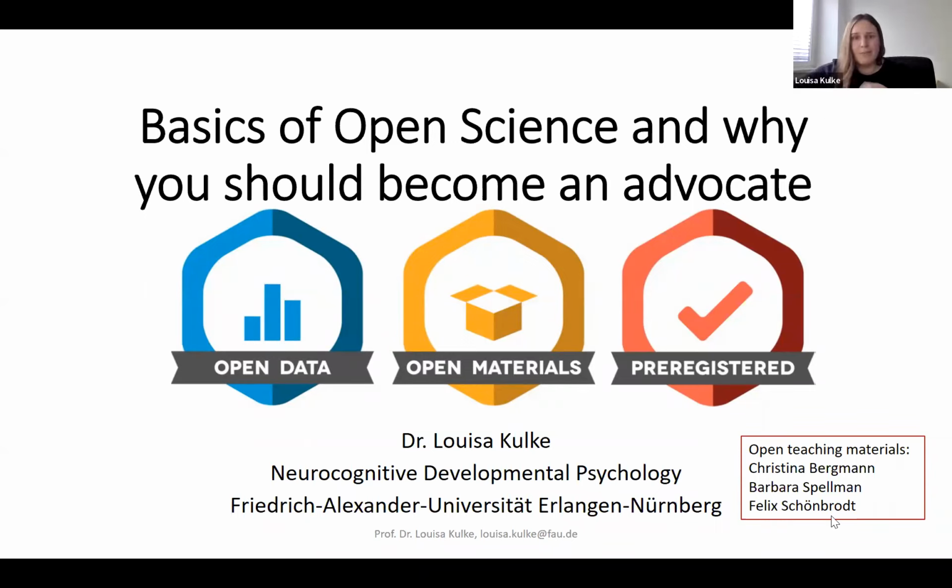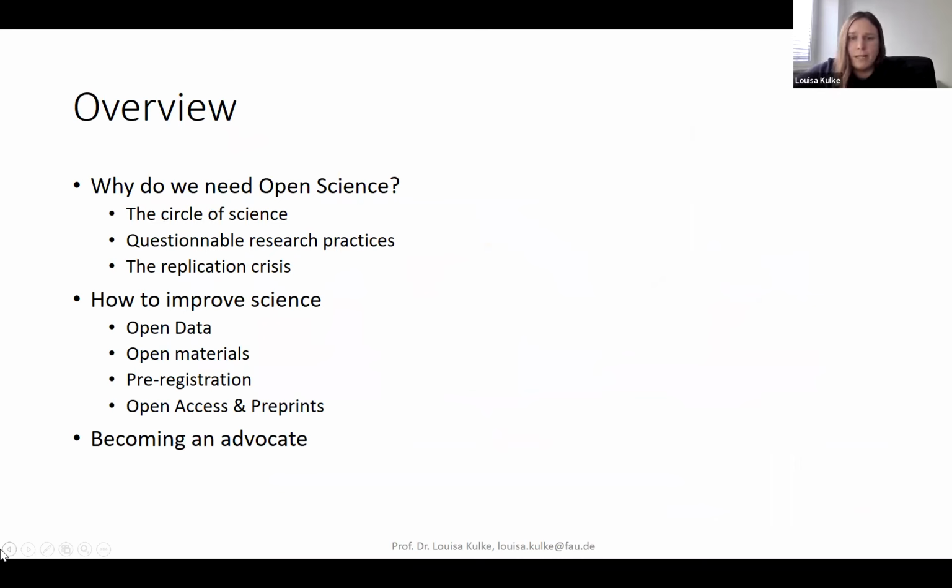And with that, I'd like to start by giving you a bit of an overview of what we'll be talking about. So I'll start by talking about why do we need open science at all? I mean, a lot of you already know that now, but I'm going to talk about the circle of science, questionable research practices, and the replication crisis, which have all led to the conclusion that we do need something like open science.